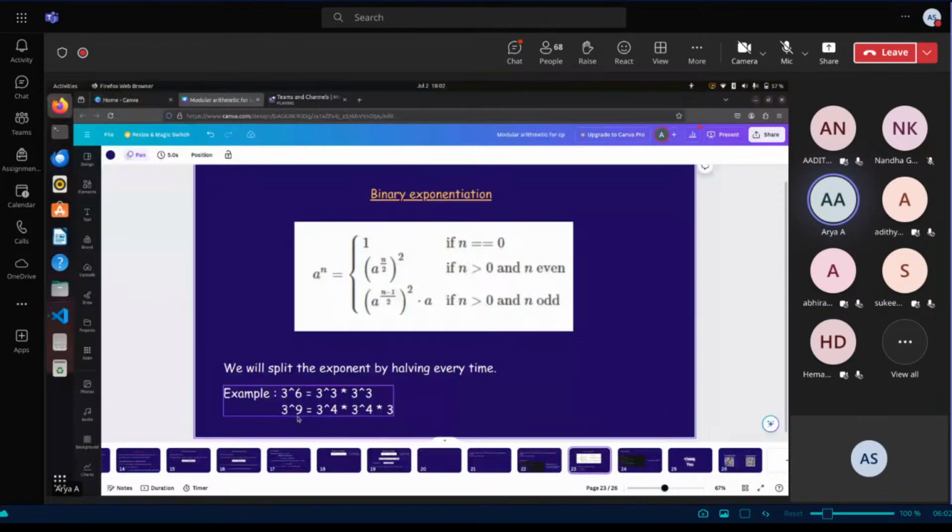Then to calculate 3 power 4, the algorithm calculates it efficiently as 3 square into 3 square, and finally 3 square as 3 into 3. With this we are able to calculate 3 power 9 in a much shorter number of steps than the straightforward algorithm, which multiplies 3 nine times. But this is not doing that, so this is pretty efficient.